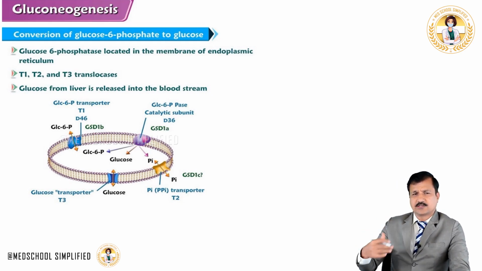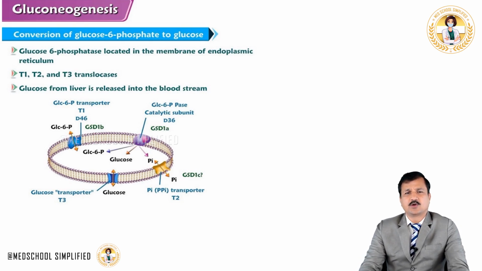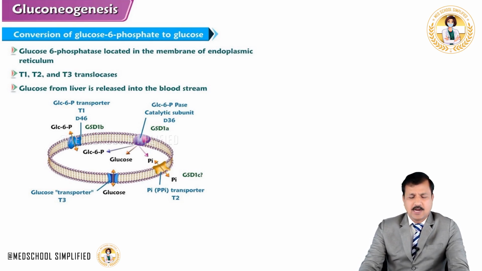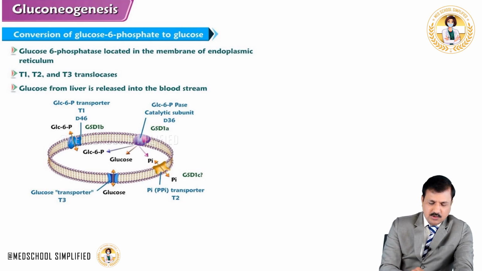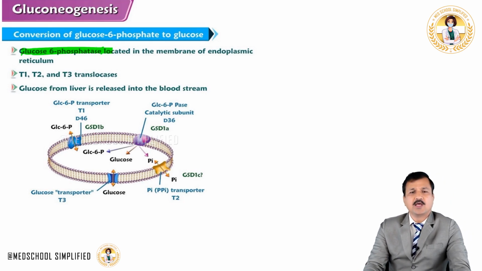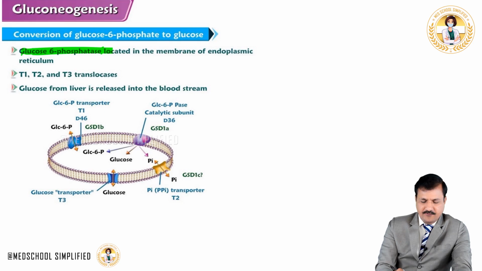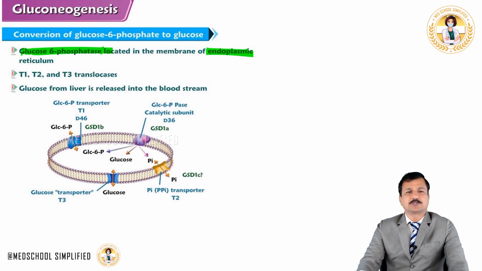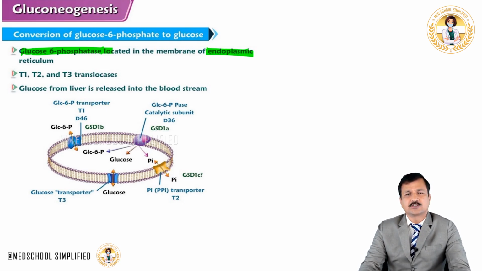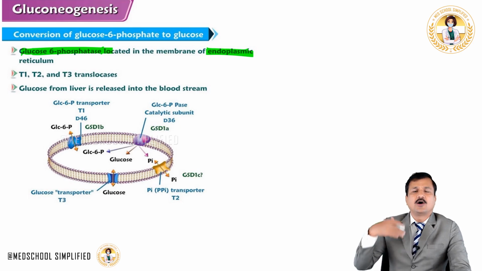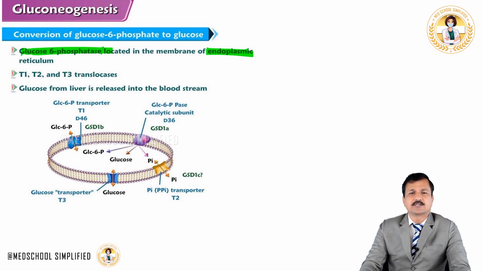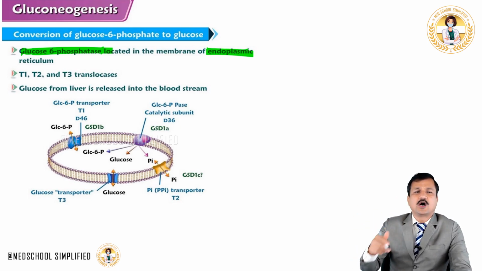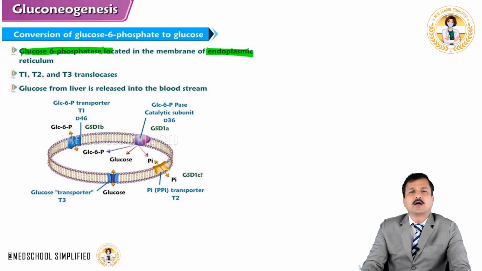Now we need to reverse glucose 6-phosphate into glucose by a special enzyme, glucose 6-phosphatase, which is located in the membrane of the endoplasmic reticulum.